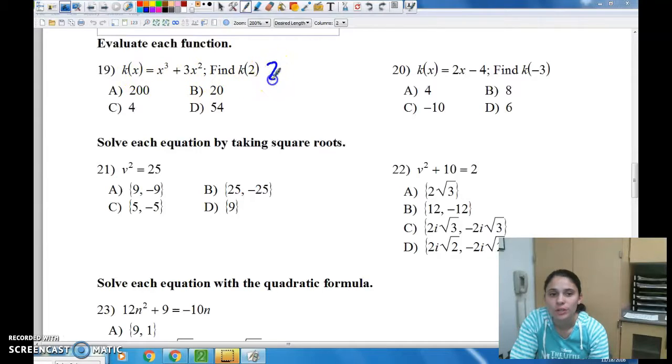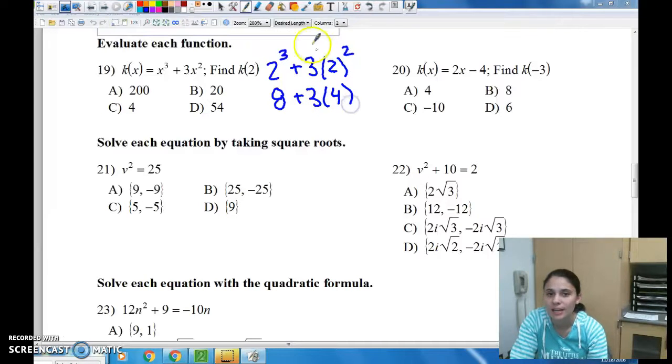So I have 2 cubed plus 3 times 2 squared. 2 cubed is 8, and 2 squared is 4, because I have to do exponents first, according to order of operations. Then 3 times 4 is 12, and 8 plus 12 is equal to 20. So 19 is B.